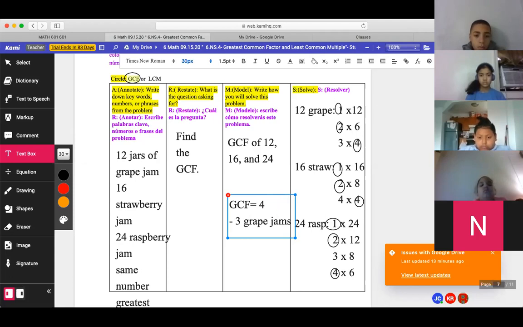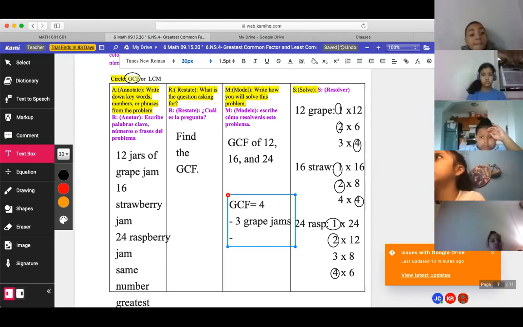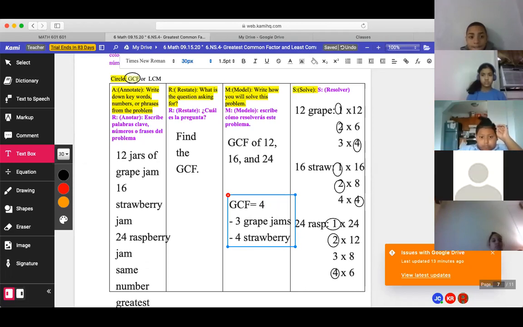We need how many strawberry jams? Clearly GCF is 4. So 4 times what equals 16? 4. Thank you, Emily. 4 strawberry jams in each box.